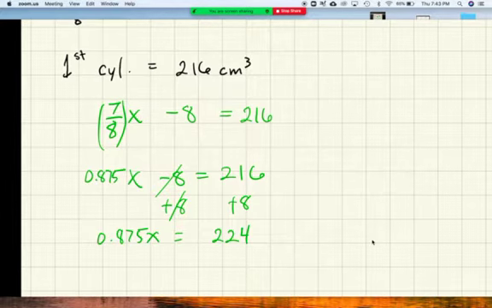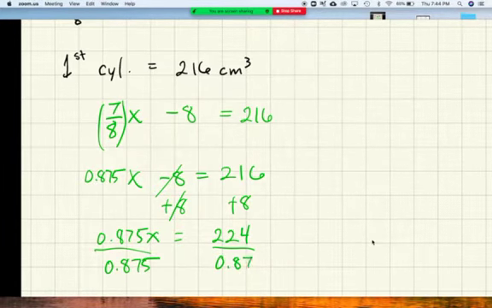Then I divide 224 by 0.875, which equals 256.